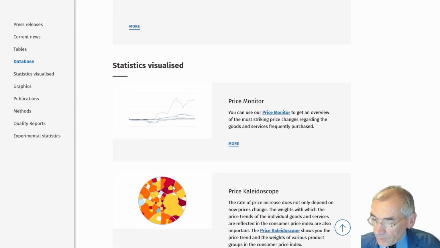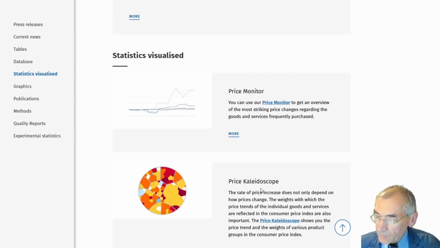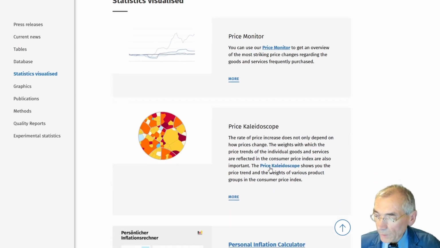There are databases and so on, the price monitor. We are going to open some of these. One is the price kaleidoscope, because this one is, from my point of view, a very good and very creative way of Destatis to visualize the basket of goods. What is in our basket, and what can we learn from this?